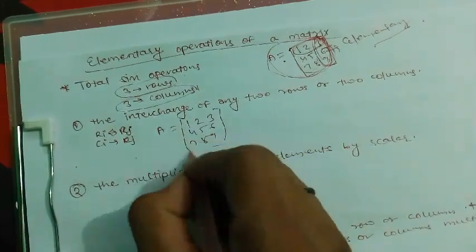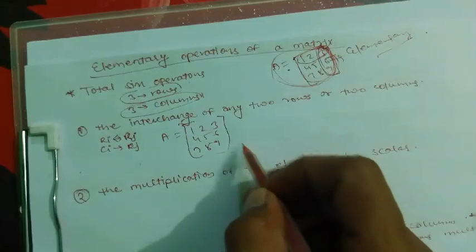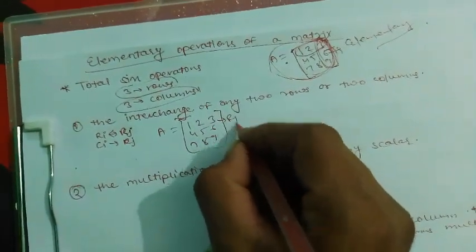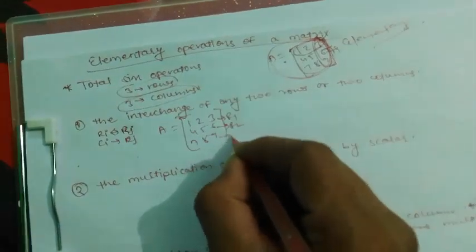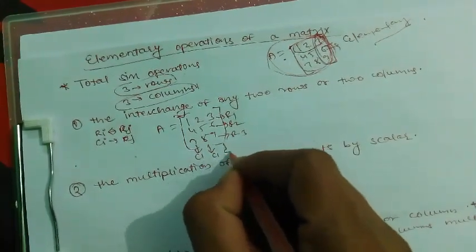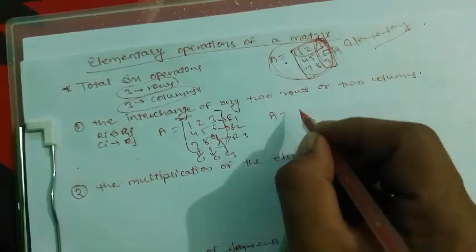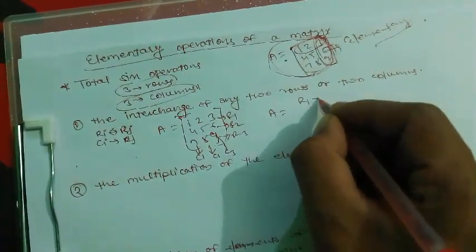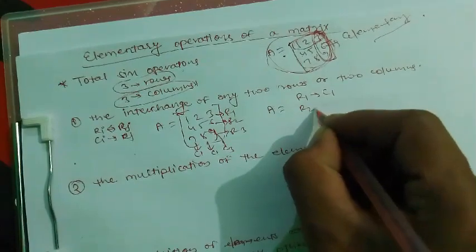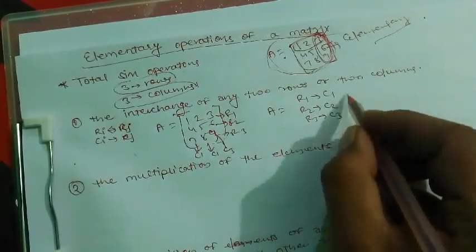Okay, so here we will see what the interchange of row and column is. So this is R1, this is R2 and this is R3, this is C1, this is C2 and this is C3. So we can change R1 to C1 or R2 to C2 or R3 to C3.